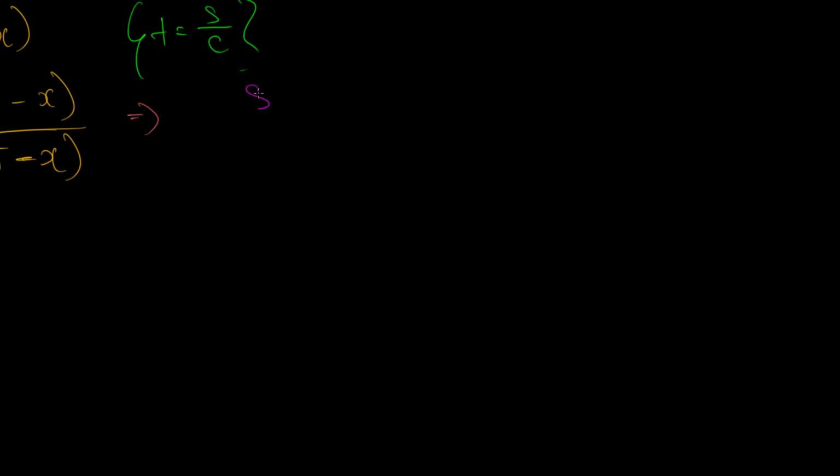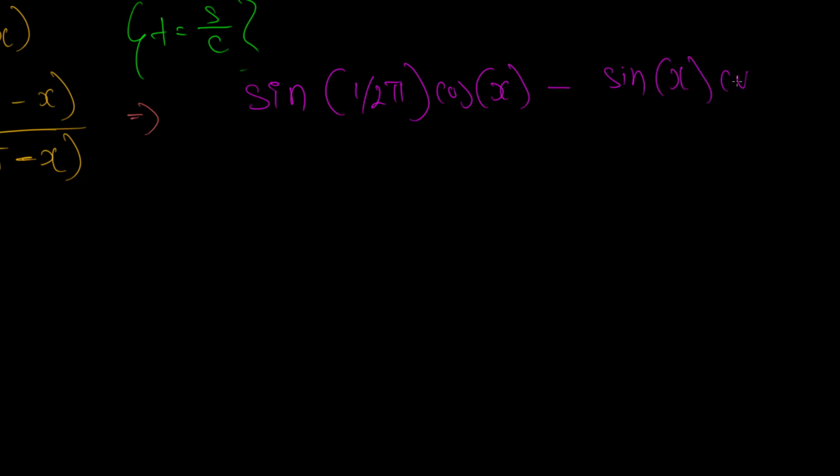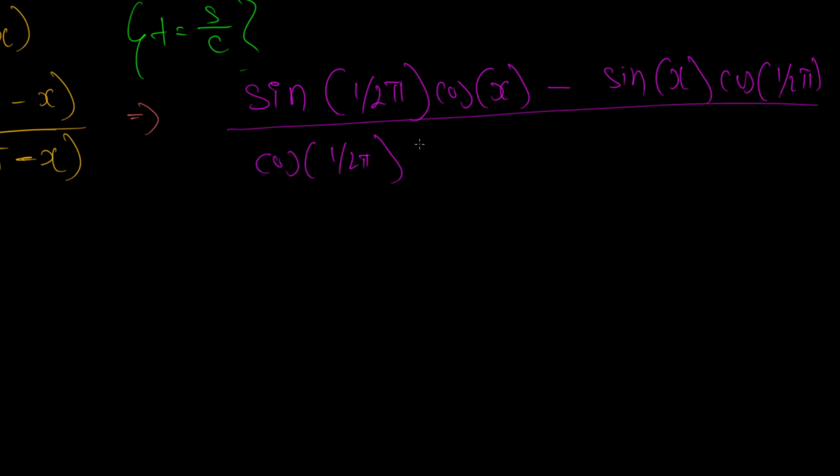So I can expand them using sine 1 by 2 pi cos x minus sine x cos 1 by 2 pi, divided by cos 1 by 2 pi cos x plus sine 1 by 2 pi sine x.